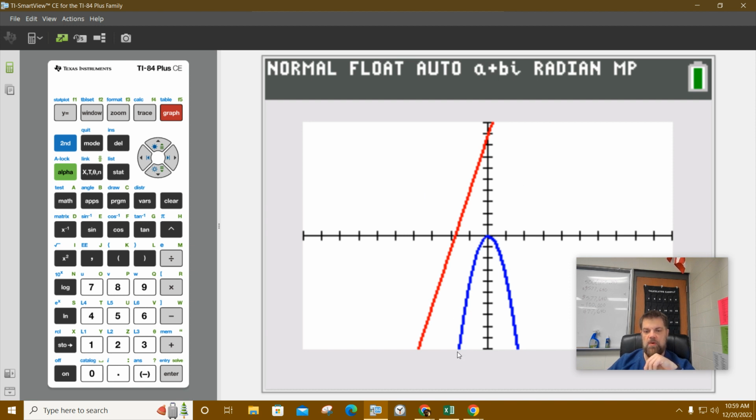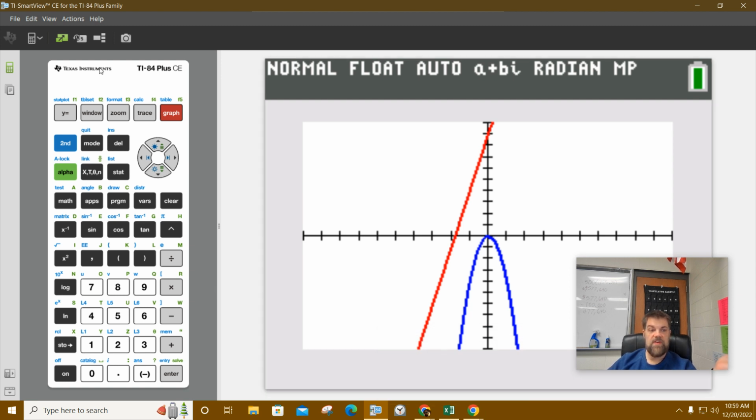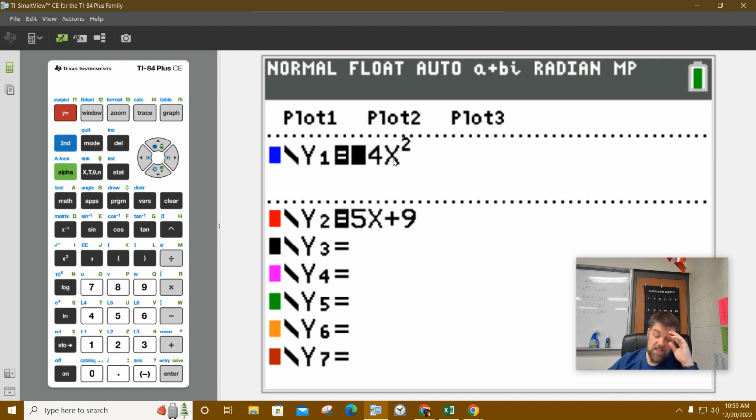If I zoom out, it just doesn't happen, because this red line keeps going this way and the blue line, they never cross. So there's no real solution. In other words, if I take the left-hand side of the equal sign, set it equal to the right-hand side, and graph both sides, the intersections, wherever the graphs cross, are going to be the solution. And since they never cross, there are no real solutions.